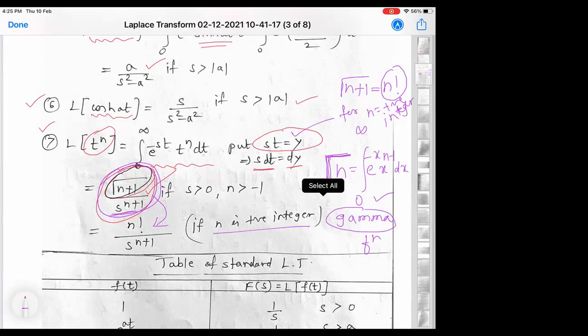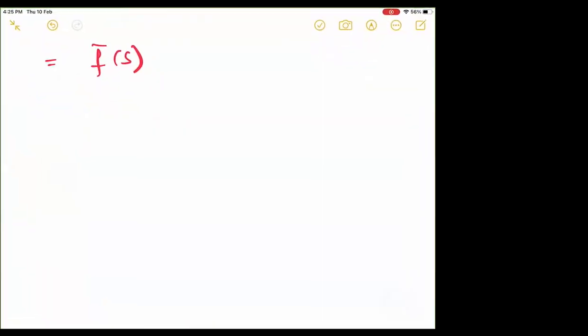Okay, for example, suppose I want Laplace transform of say t raised to 5.